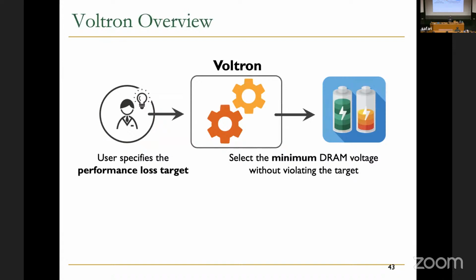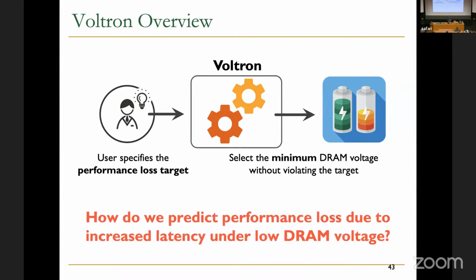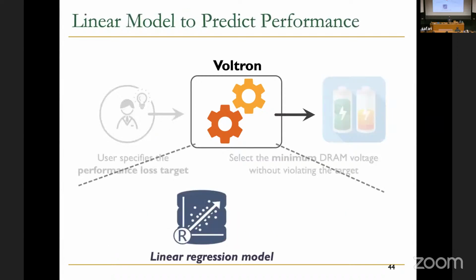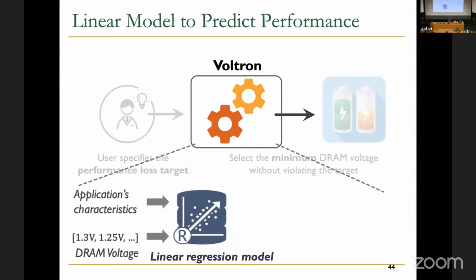So Voltron works in this way. Basically, the user specifies a performance loss target, and then Voltron finds the minimum voltage that can operate within that performance loss target. So how do we predict the performance loss? We use linear regression for that.